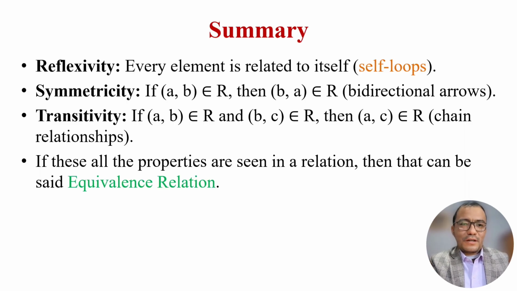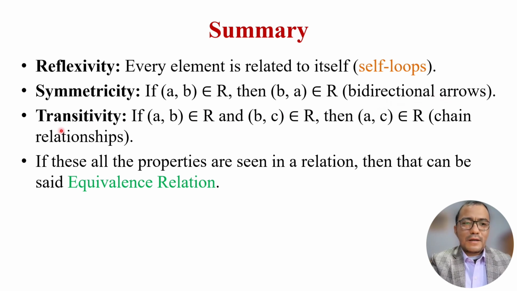As a summary, we discussed today reflexivity, that is every element is related to itself, shown as a self-loop in the graph. Symmetry: if the ordered pair (A, B) belongs to the relation, then its inverse (B, A) also belongs to the same relation, shown in a graph by bidirectional arrows on the edge.